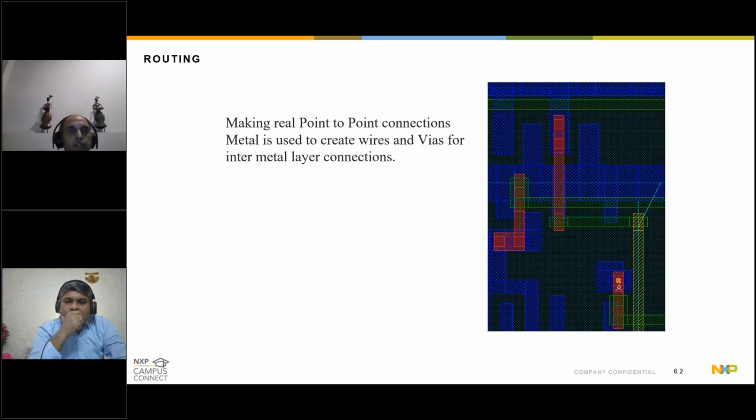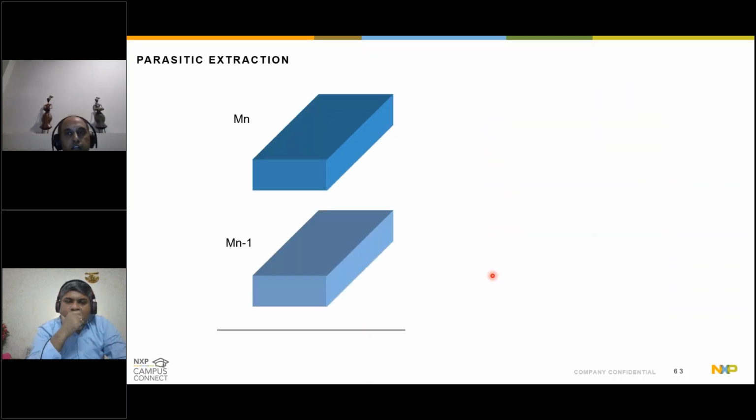Okay. So as you are done with the layout, you had the base devices done, then you have the metals laid out on top of your chip, connecting different nodes. All these metals and the base layers are interacting with each other in the electrical world, and there is some parasitic associated with this. This is again a simplistic view.